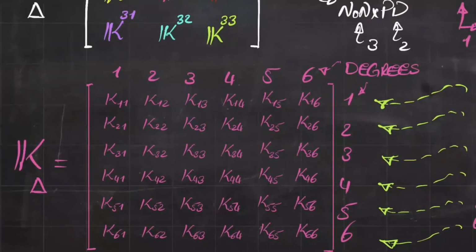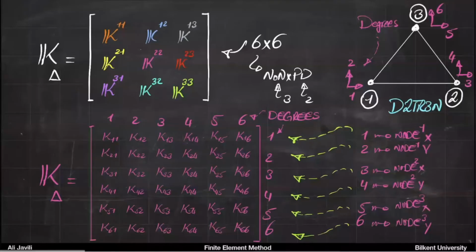Okay, now obviously you remember once you have this for each element, you still need to assemble different elements together. So that is the next step that you would have to do, like you always do. But that assembly process, similar to what you had done before, happens when you assign these degrees and these numberings.